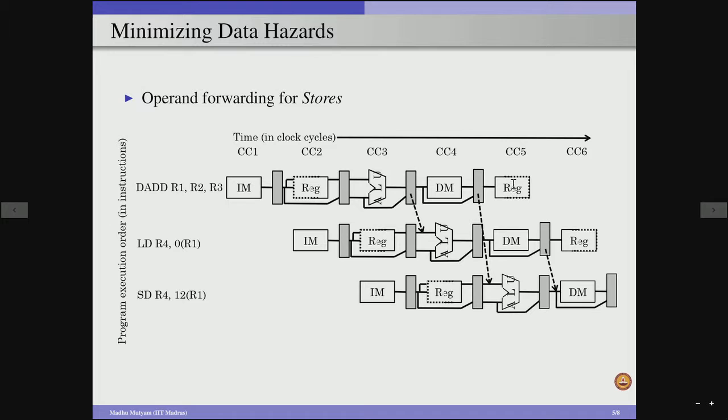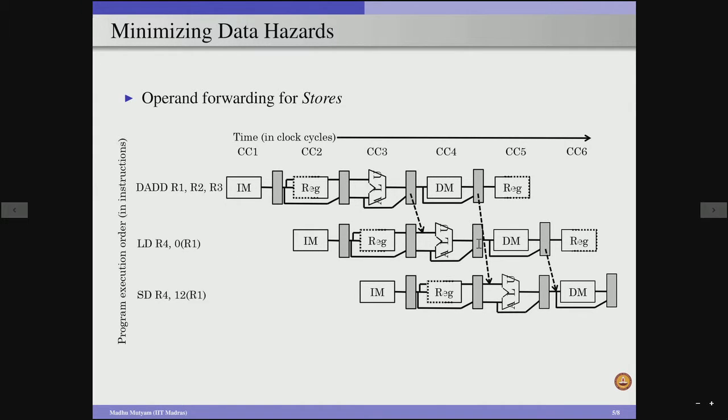You do not have to wait for the actual write back for R1, which happens only in cycle 5. By forwarding this value from the output of the ALU associated with this add instruction, which happens in the third cycle, to the ALU unit in the fourth cycle, the load computes its effective address.